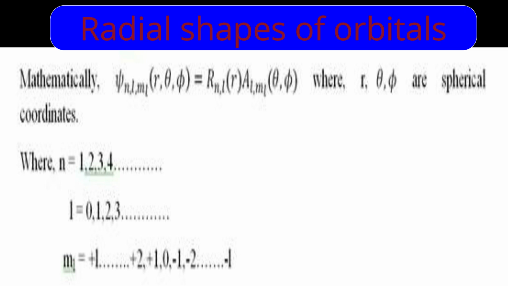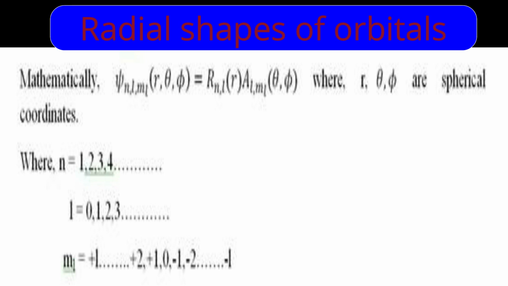Mathematically, how can I represent the wave function psi? Psi with dependable triplet n, l, ml in polar coordinates r, theta and phi is equal to the radial part, which describes n comma l, with only the radial coordinate small r in brackets, into the angular part.